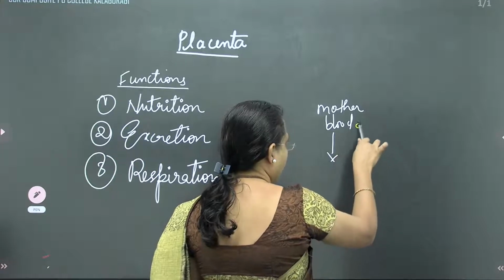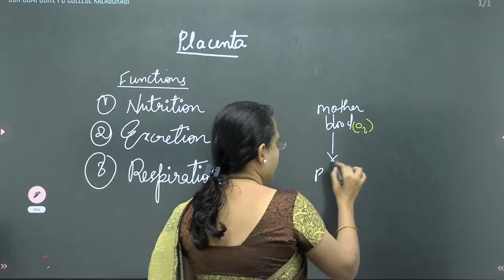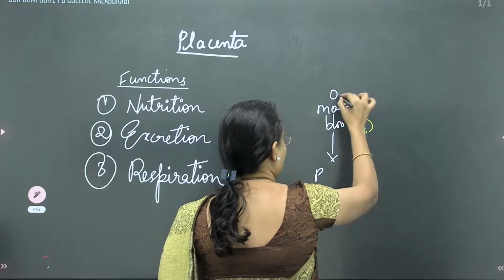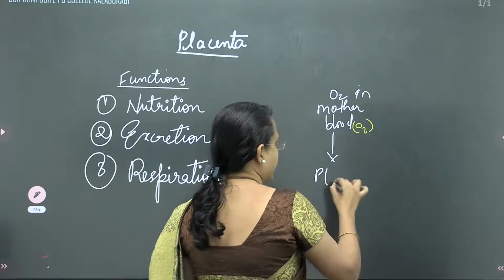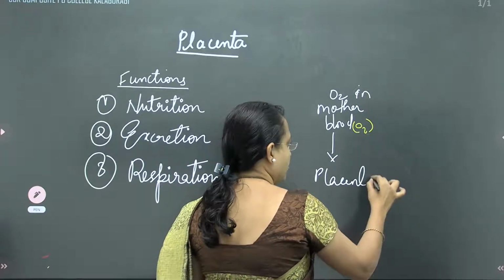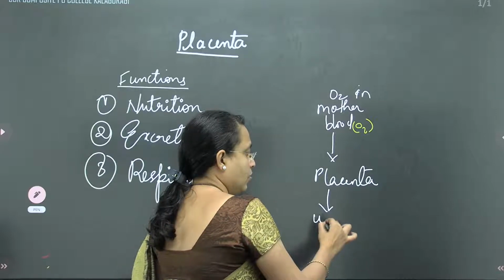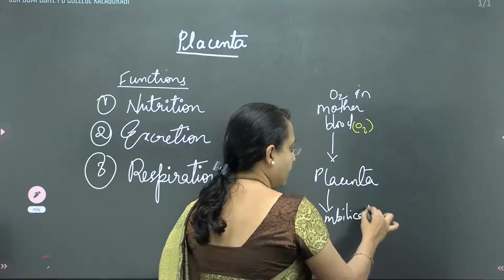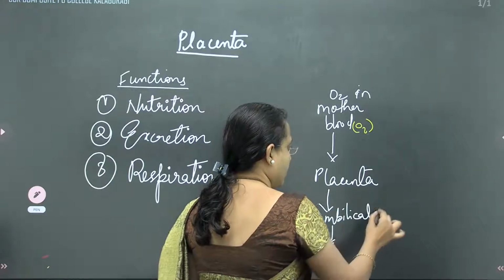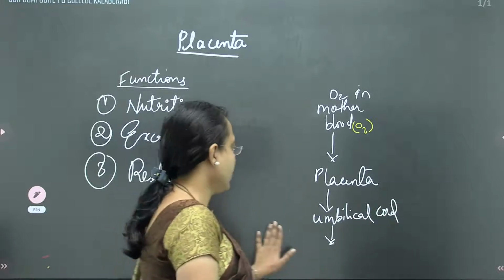So oxygen from the mother's blood, that is O2, is going to reach the placenta, through what? The umbilical cord vein. Of course, it is understood it has to pass through the umbilical cord vein.